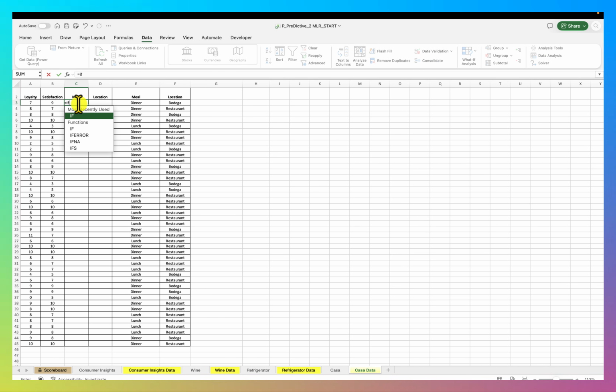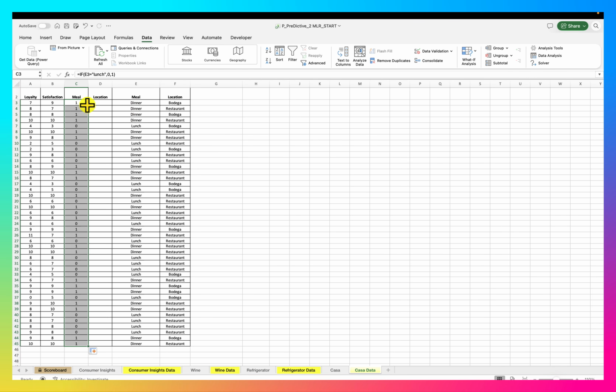So let's do that. For the meal, lunch is 0. So equals if the meal is equal to lunch, then it's a 0, otherwise it's 1 if it's dinner. And for the location, equals if that is equal to restaurant, then it's a 1, otherwise a 0.